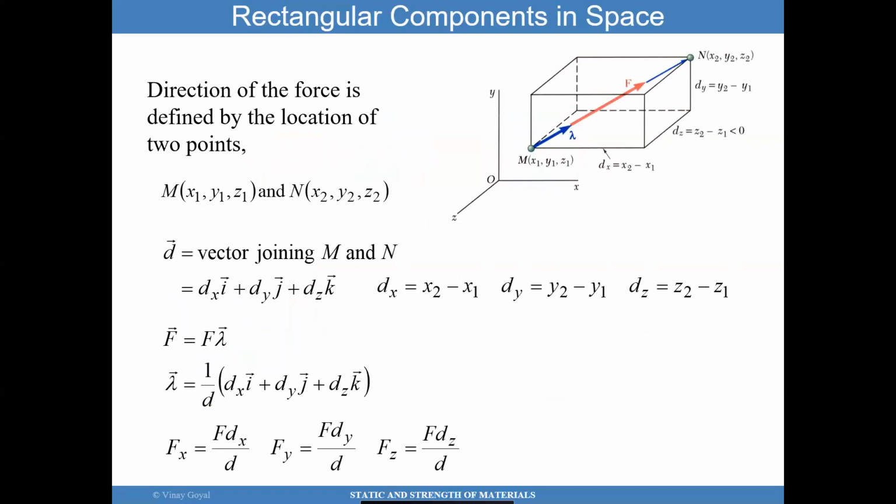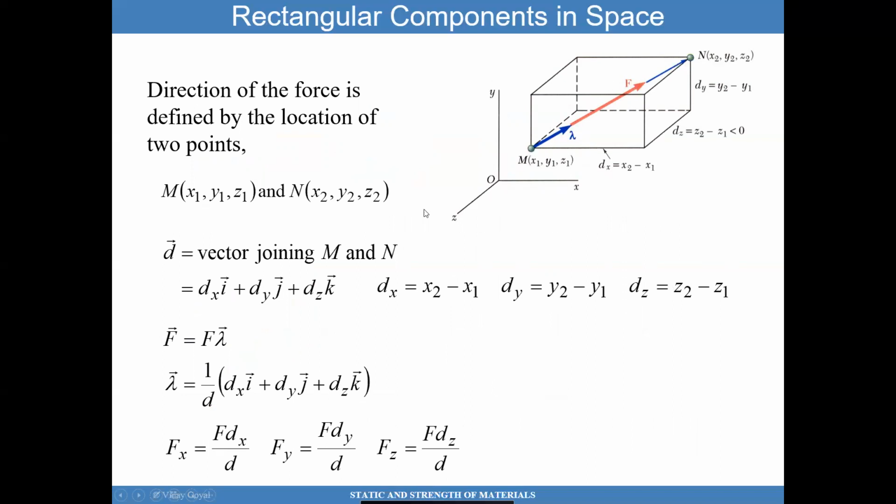So let's look very quickly at what happens if I know the coordinates of this point and the coordinates of this point. How will I define a vector that goes from this point to that point? Very quickly, I can determine that. Basically, take x2 minus x1.